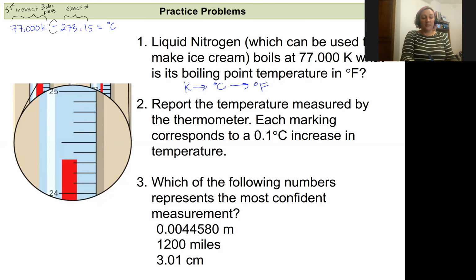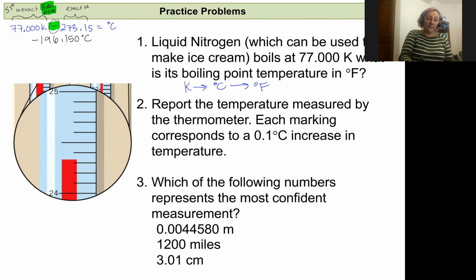I'm doing a subtraction step, so I am going to care about the number of decimal places rather than the total number of significant figures. And I'm going to report my answer then in terms of decimal places. So I'll do the same number of decimal places, 3. So when I plug this into my calculator, I get a value that is negative 196.150 degrees Celsius.